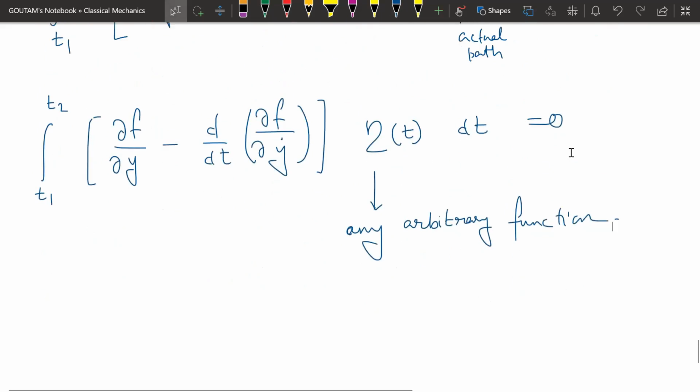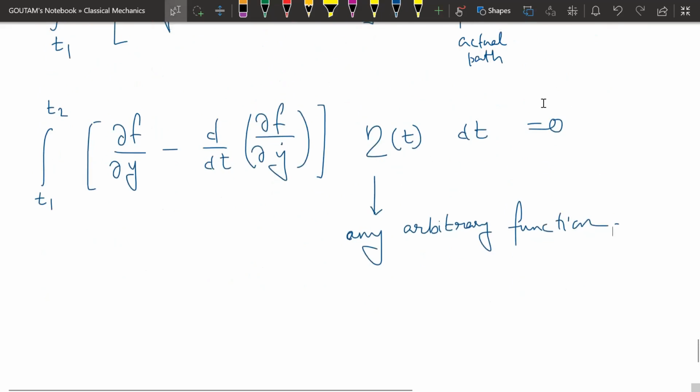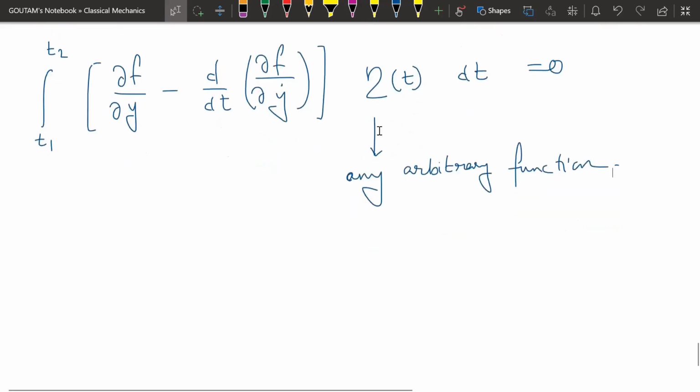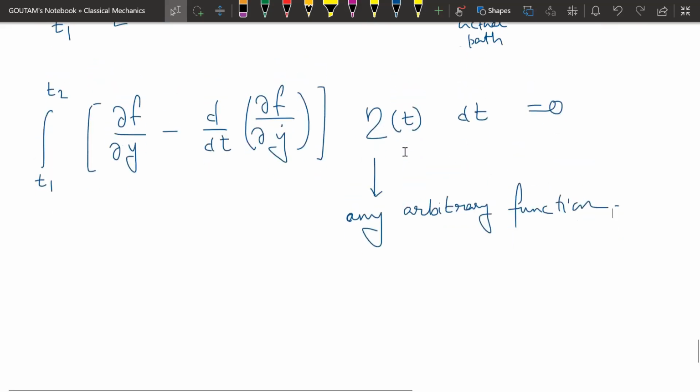So if the integral is 0 and eta can vary as we wish, then this term must be 0. If this is not 0, then the integral will not be 0 if we change eta without any restriction, without any condition.